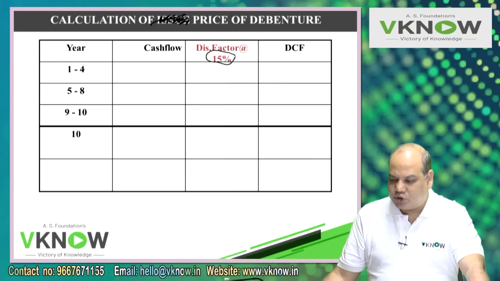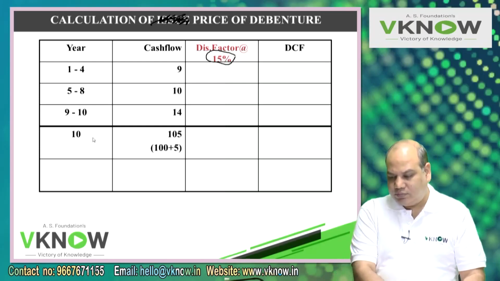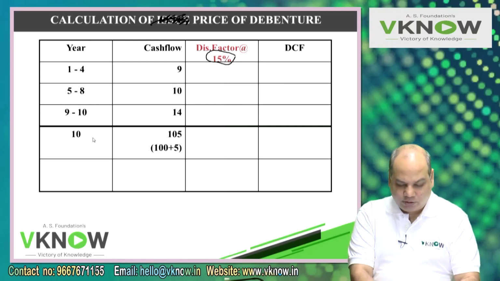Year column write 1-4, 5-8, 9-10 and 10. And cash flow column write 9, 10, 14, 105. And now let us solve the factors.